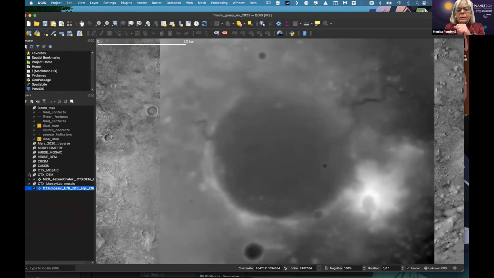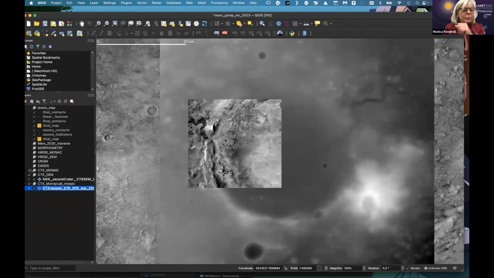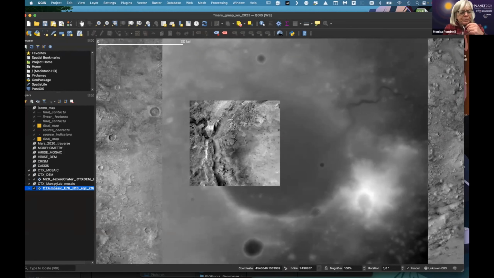Then the map will be performed. You have the CTX mosaic on which you will perform the map, and also this very nice CTX DEM, which you can use if you want to perform sections or measure the thickness of, for example, the data.